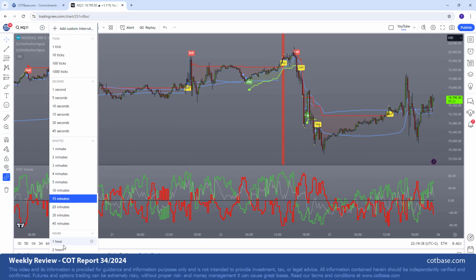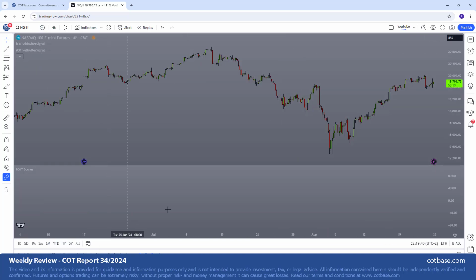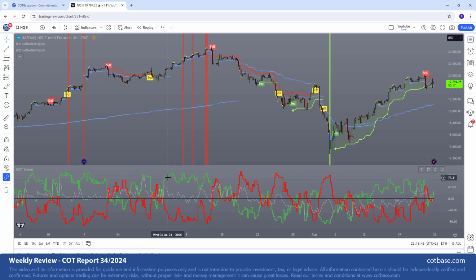And let's jump to a bigger one. I'd say a 4 hours is also very, very useful, to have a wider perspective and understanding of what the market is doing. You can see that the way the after signal works is that we get a bunch of signals. As you can see, the stress is building up in the market. After signal will actually wait for a confirmation from the market before it initiates the sell signal.